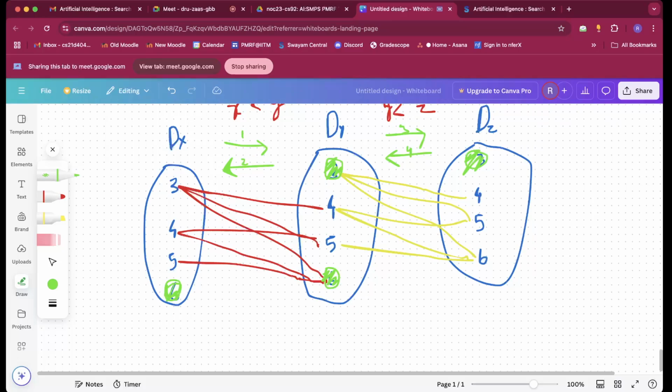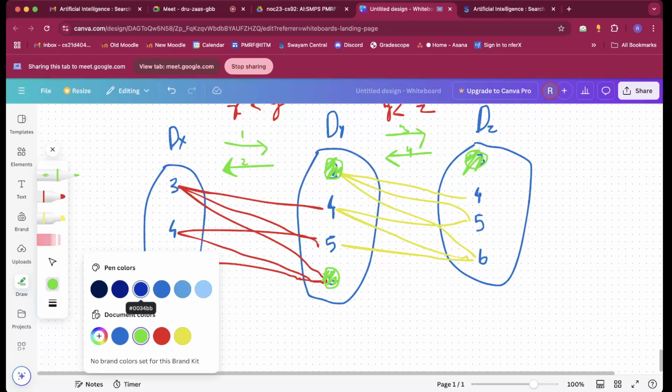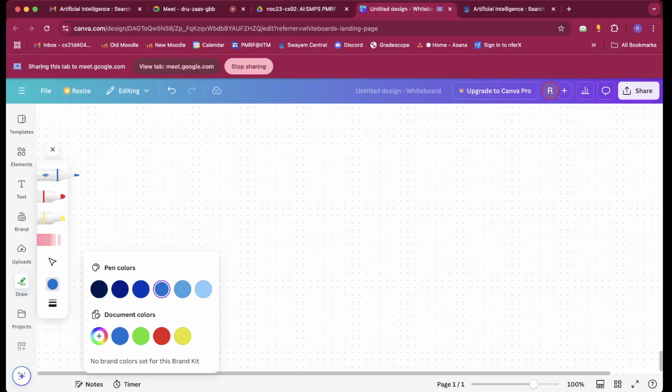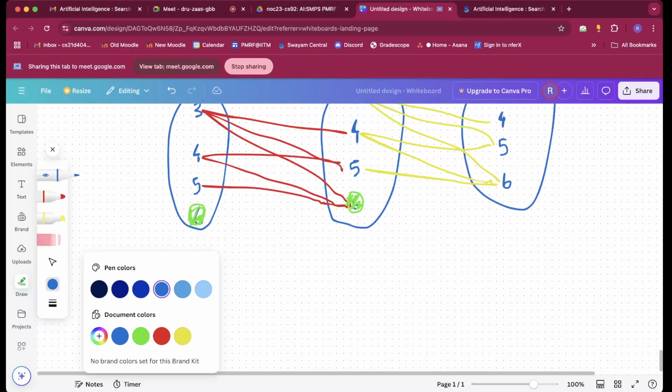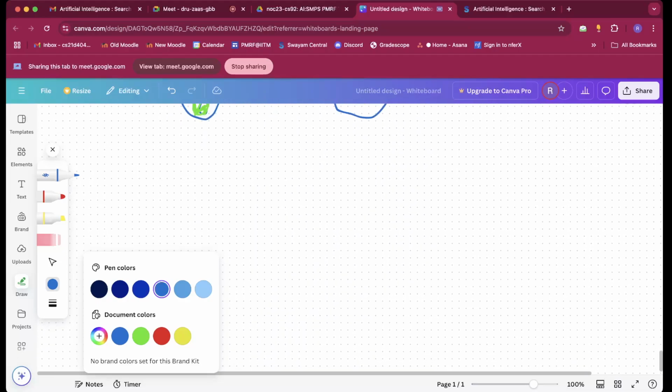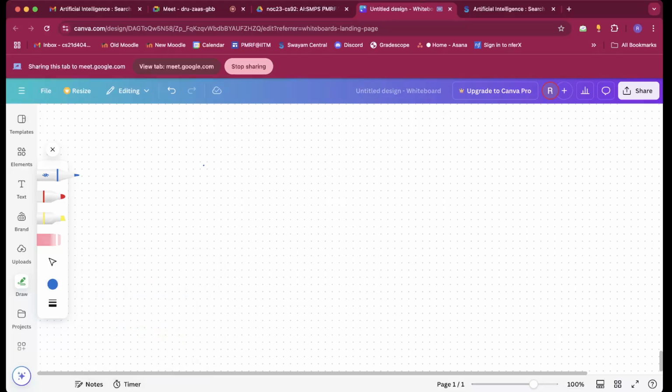Once we are done with that, let us reconstruct the domains given to us. In dx we have only 3, 4 and 5 left, so let's write that down. We have 3, 4 and 5.